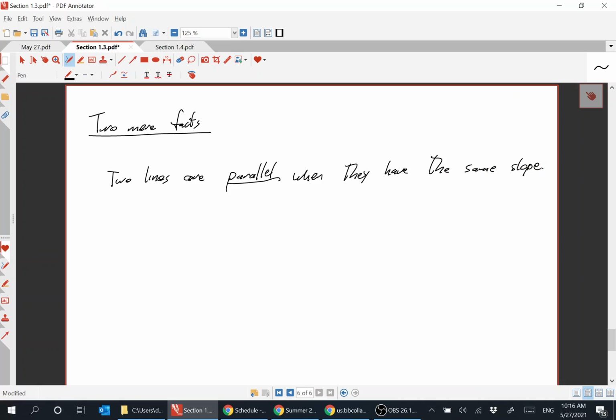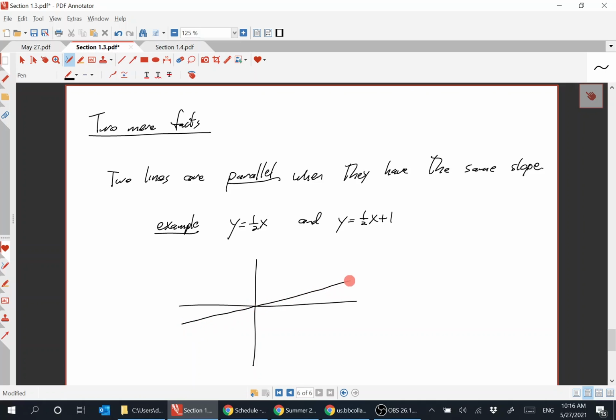When they have the same slope. So, for example, y equals 1/2 x and y equals 1/2 x plus 1. So y equals 1/2 x, that's the line that has slope 1/2 and y-intercept equal to 0.